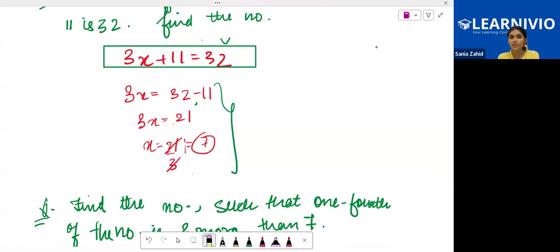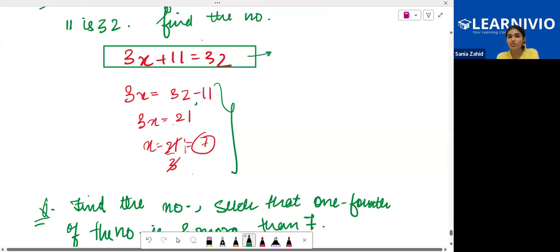But now, let us consider that you don't have to use the transposing method, and I say use any other method. So what you will do, see, first of all, you have to remove 11, right? You will write the equation as it is. See, 11 is being added to 3x. So now just subtract 11.